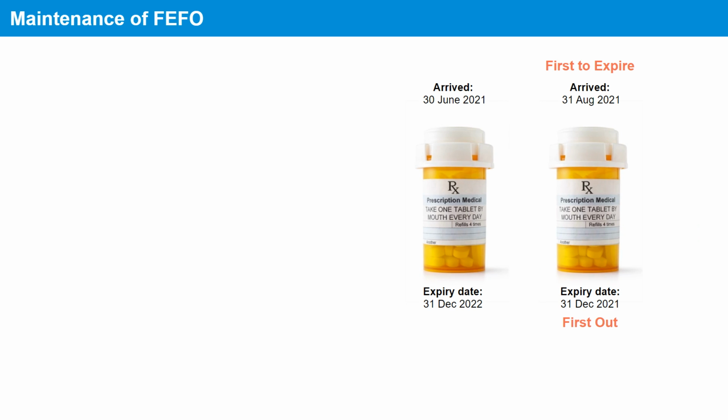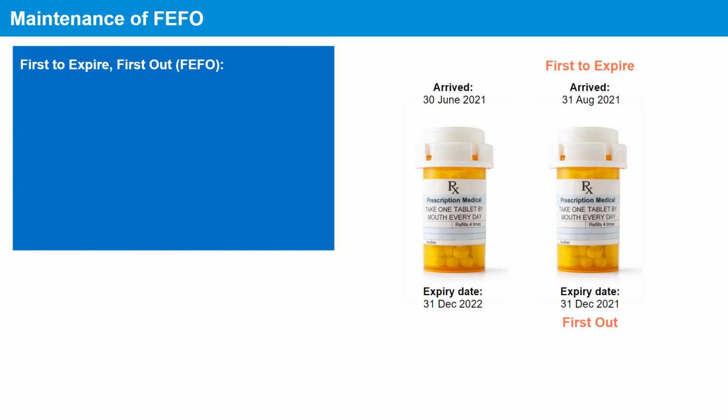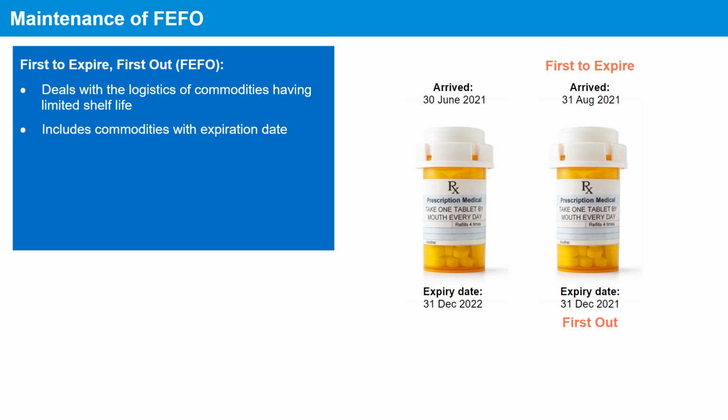Let's now learn first expired, first out or FEFO. FEFO is a term used in the field of inventory management to describe a way of dealing with the logistics of products that have a limited shelf life. These items include perishable products or consumer goods with a specified expiration date. The product with a deadline for the next intake will be the first to be served or removed from stock.